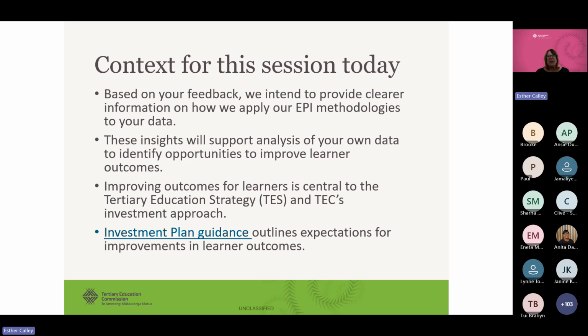So no surprise that TEC has some pretty clear messaging in our plan guidance and our supplementary plan guidance this year about expecting yearly improvements in learner achievement, and we've included our performance expectations for the various funds in those plan guidance documents to make that really explicit. For all of these reasons, having a really good understanding of EPIs and how we calculate them is obviously important, and that's why many of you are here today.